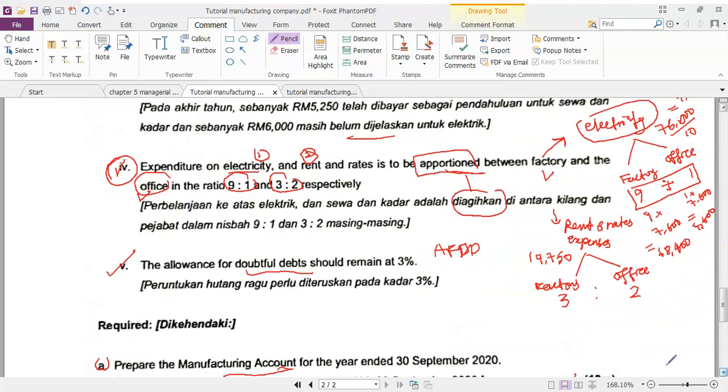So, berapa factory dapat? Cuba ajar saya macam mana kira dia. Mula-mula kita kena buat apa dulu? What should we do first?